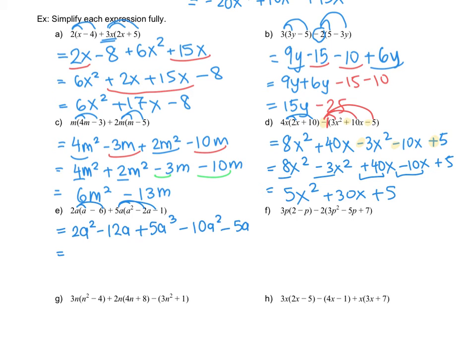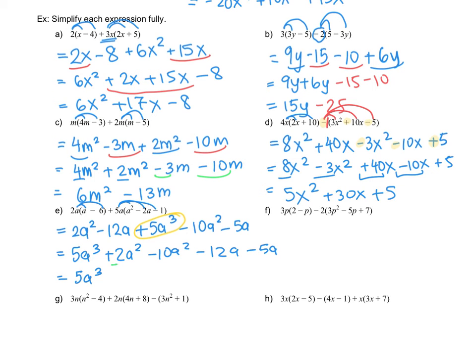When I collect, be careful here. I am going to put the cubed term first, then the a squared terms. Watch that I took the 10 with the negative, and then both of the a terms are negative, so be very careful there. So now the 5a cubed is on its own.